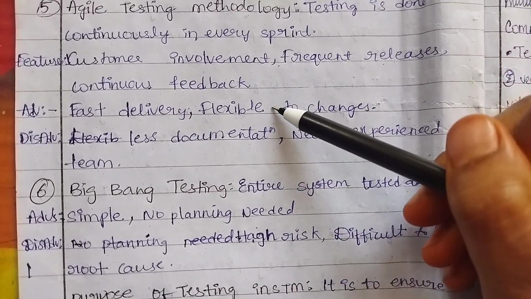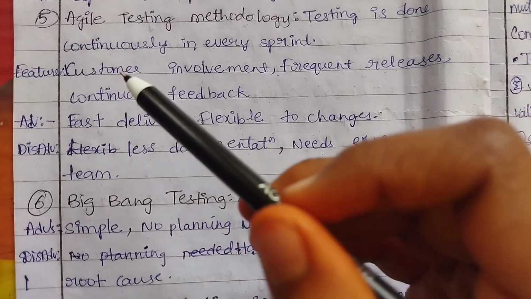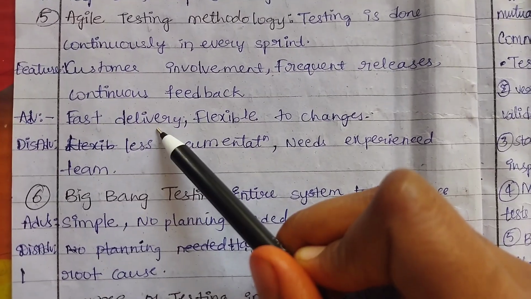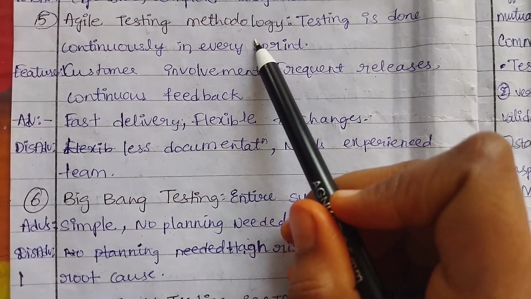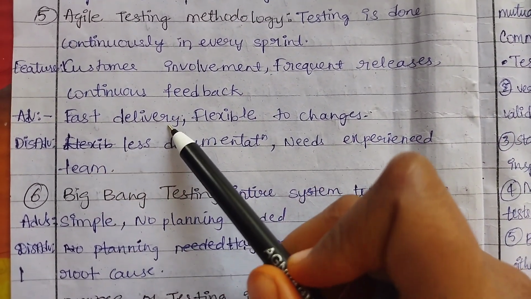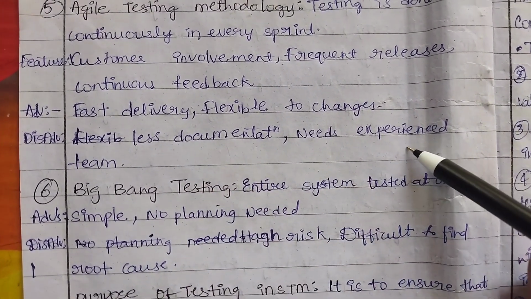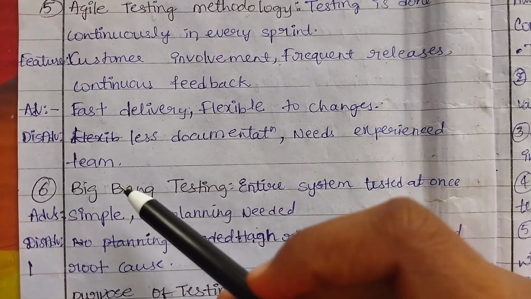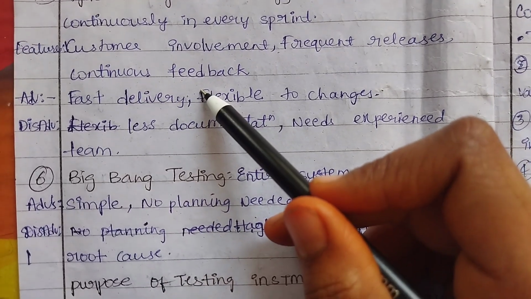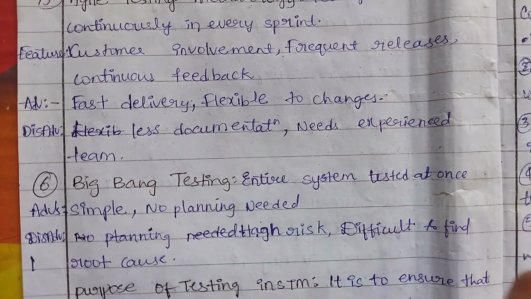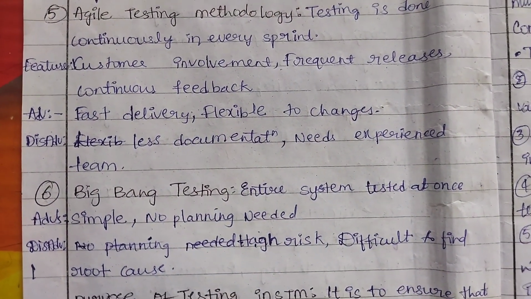We have some advantages of this methodology. It is a process of testing with easy and fast delivery, flexible to changes, and less documentation. It needs an experienced team. These are the advantages and disadvantages of the agile testing methodology.